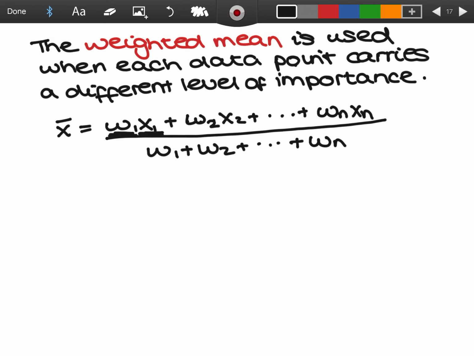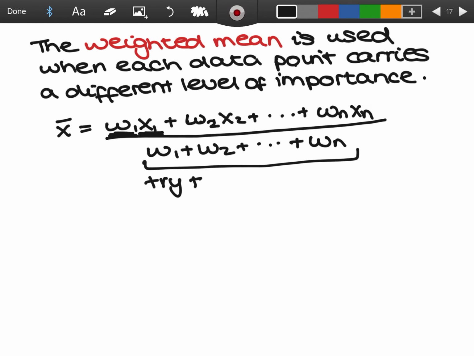Now, if you were using percentages, your weights would probably add up to 100%. Or normally what we tend to do is try to make the weights add to 1. This is not always the case, as you will see in a second, but 9 times out of 10, when we do a weighted mean, those weights add to 1.